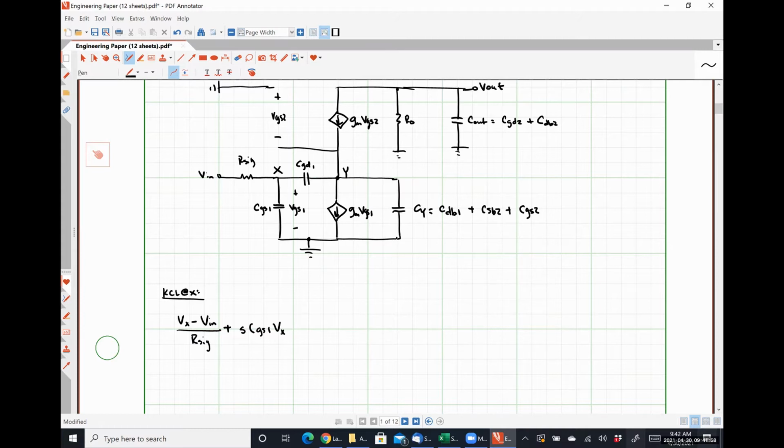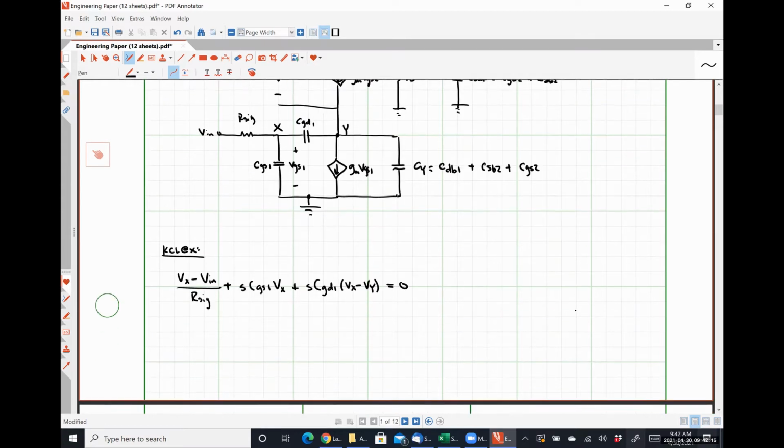Then we're going to have plus s CGD1 times Vx minus Vy is equal to 0. And so I'll go ahead and start working on some algebra here.